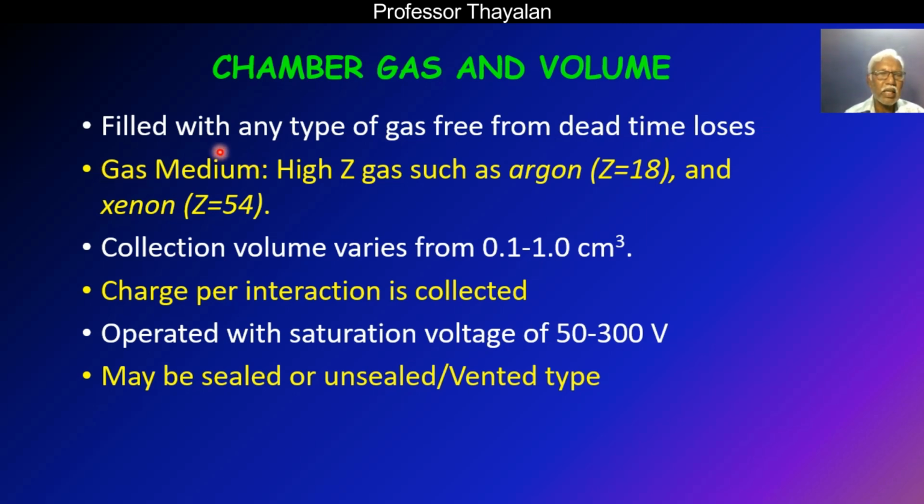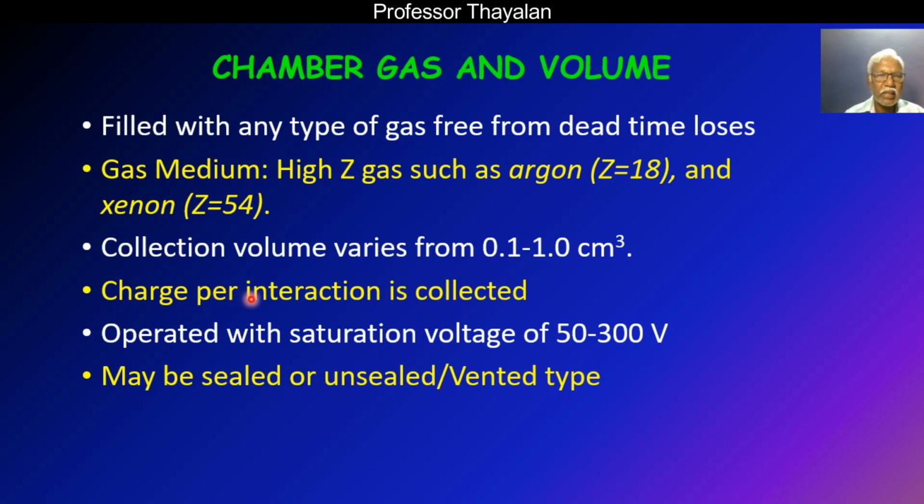What gases are available like that? High Z gases such as argon with atomic number 18 and xenon with atomic number 54 are suitable gas mediums to be used in ionization chambers. The collection volume varies. It may be from 0.1 cc to 1.0 cc.